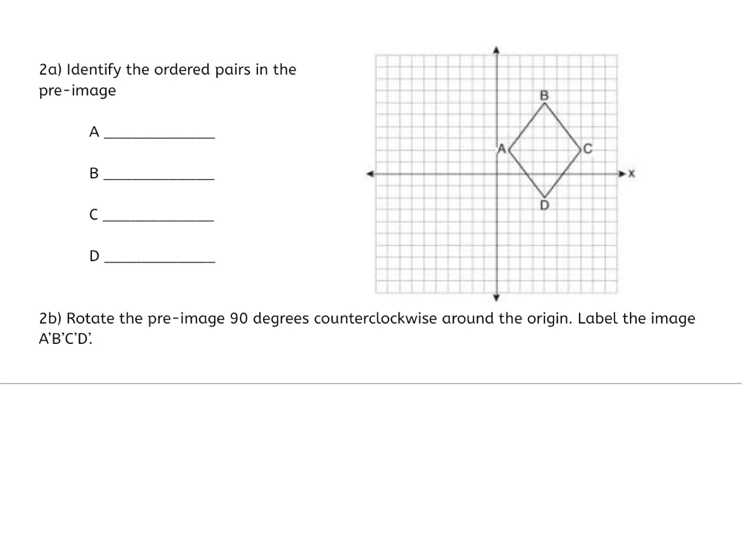Okay, 2A, we're going to identify the ordered pairs of the pre-image. Just like we did on the last one, start at the origin, count how many forward and how many up. So A is forward 1, up 2. B is forward 4 and up 1, 2, 3, 4, 5, 6. So 4, 6.